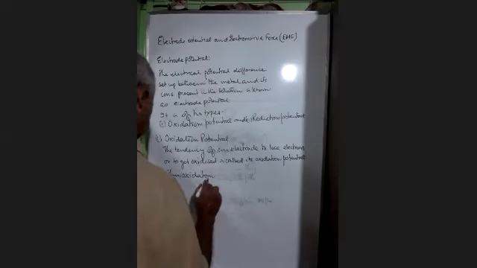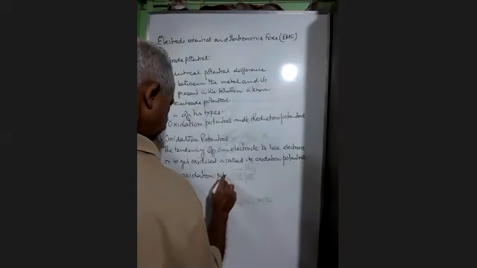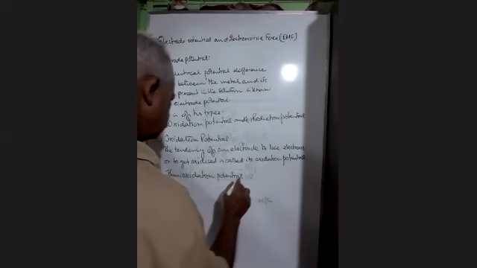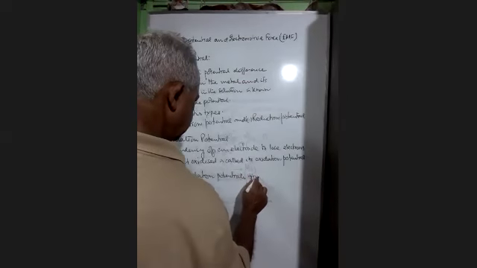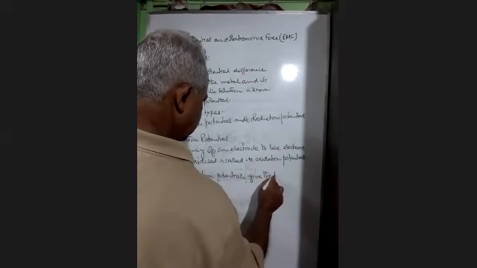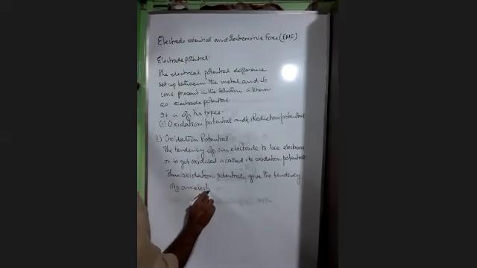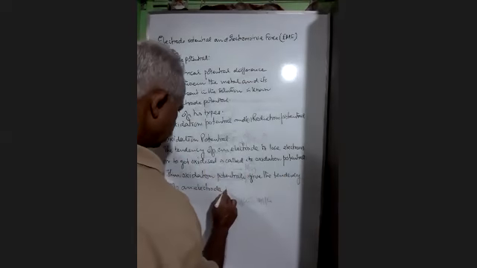Now, the oxidation potential gives the tendency of an electrode to lose electrons.